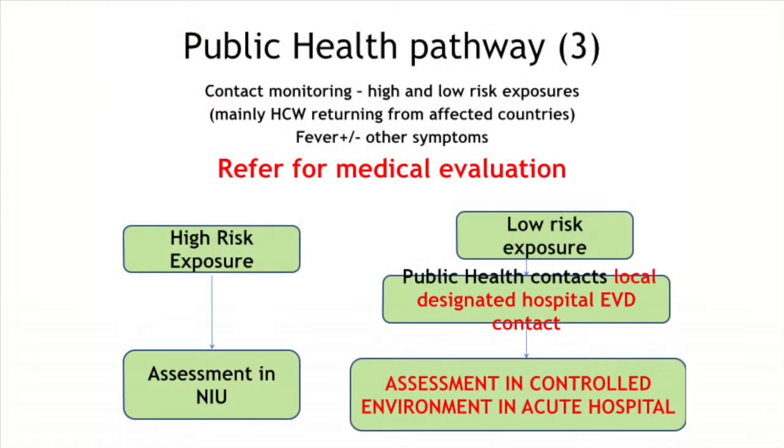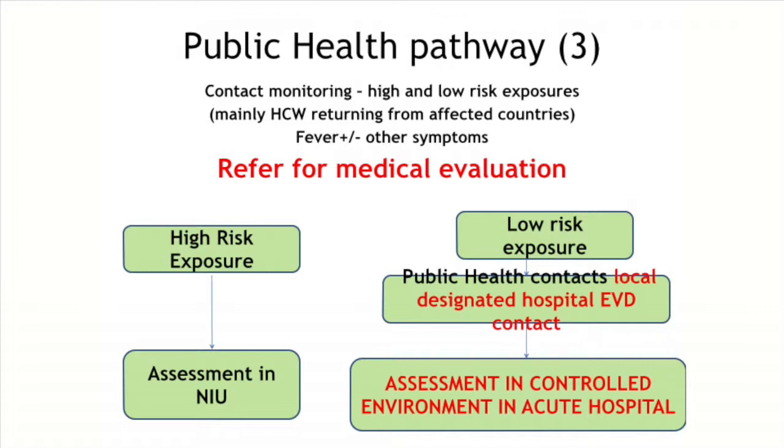The third pathway is the public health pathway, and this is the context in which public health are monitoring contacts of a case. We heard earlier that the most likely type of contacts would be healthcare workers returning from affected countries, and public health will have undertaken a risk assessment and assigned these contacts as either having had high or low risk exposures. If those people present with fever or other symptoms suggestive of EVD, they do require referral for medical evaluation.